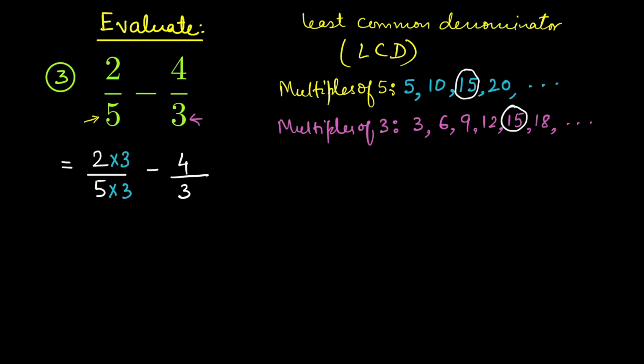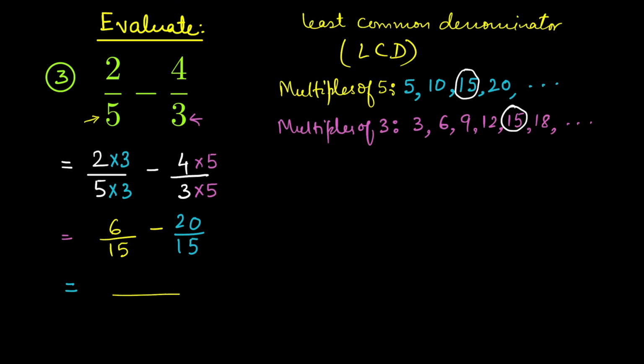To make the second one, this 3, into 15, we multiply it by 5. So what do we get for the first one? It is 2 times 3 is 6 over 5 times 3, 15. The second one is 4 times 5 is 20, over 3 times 5 is 15. Now you can see we have the same denominators, 15 and 15.